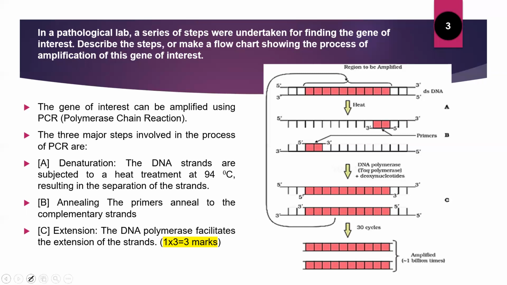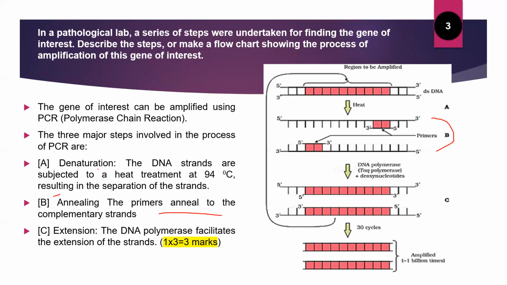Then we have the second step called annealing. So here the primers anneal to the complementary strands, the RNA primers. You can see here this step. Then we use the DNA polymerase enzyme, particularly the Taq polymerase, with the nucleotides, that is the deoxynucleotides and divalent ions, so that the extension of the strands is facilitated.